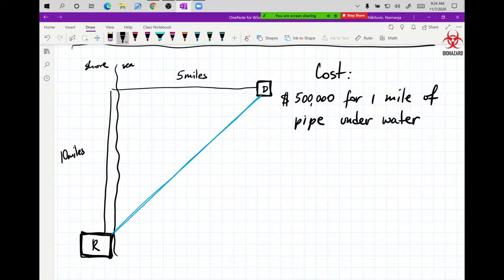This might be too cheap for 1 mile to lay the pipe under the water, because it's not easy. And maybe $250,000 for 1 mile of pipe on ground.